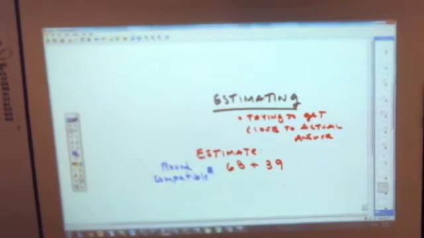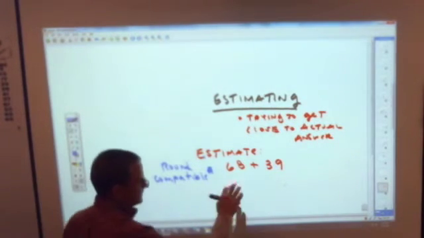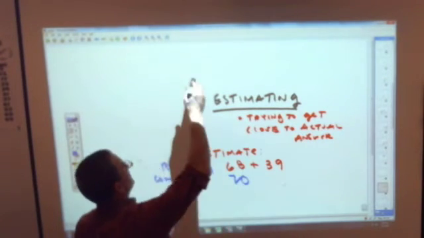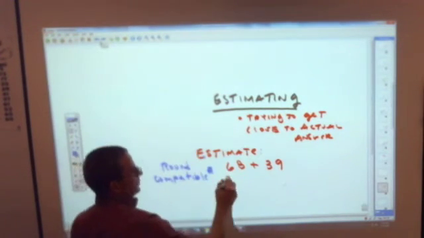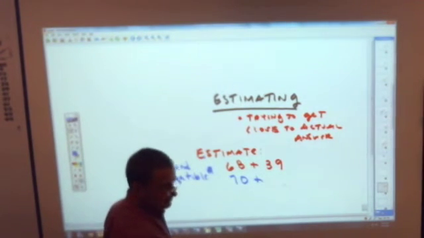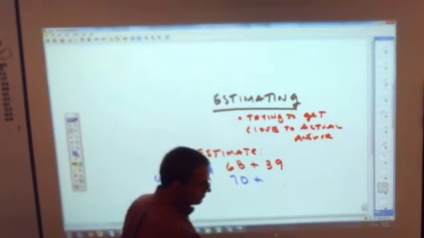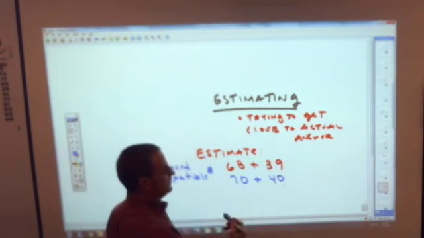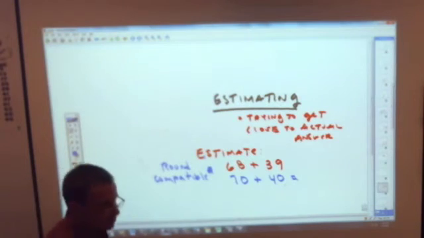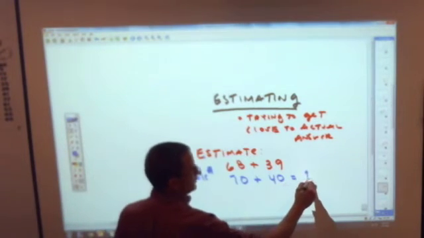So instead, think about making it 70, because 70 is not a bad number, is it? Most of you can think of 70. And 39 would be close to 40. And hopefully 70 plus 40 is something you can pop up in your head, which would be 110.